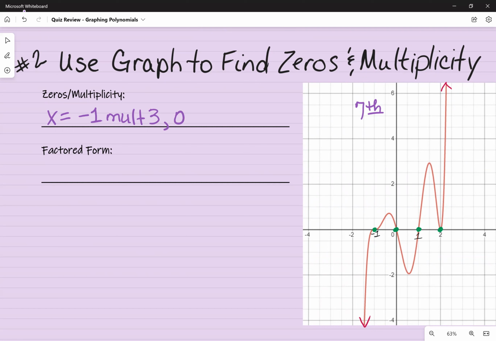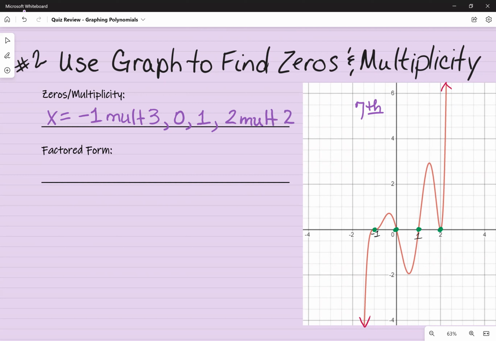And that is just a multiplicity of 1 because it's just going through that point one time. I mean, straight through. At 1, I also have another zero, and the multiplicity is simply 1. It's a straight through type deal. And then lastly, for 2, I have a multiplicity of 2. And that's known as the bounce that I talked about in another video.